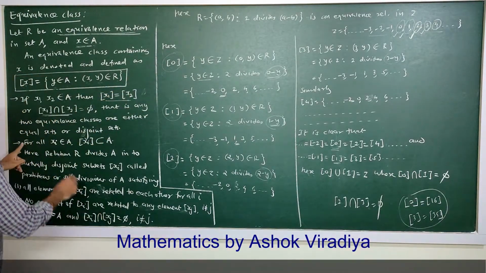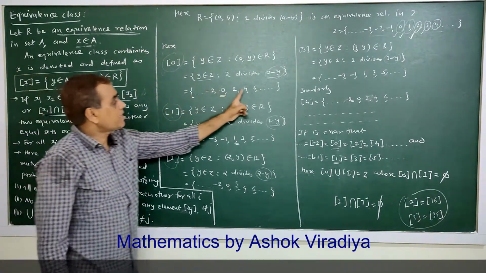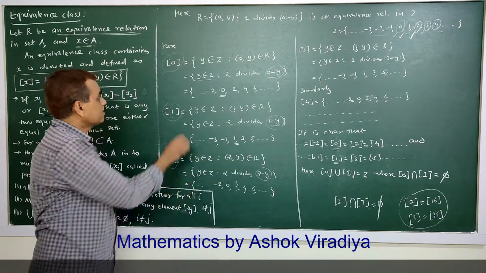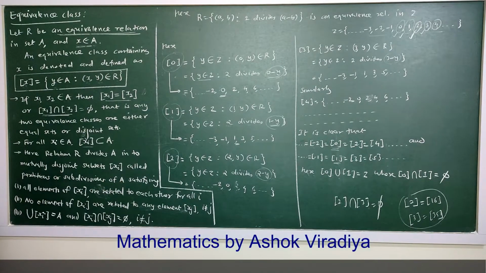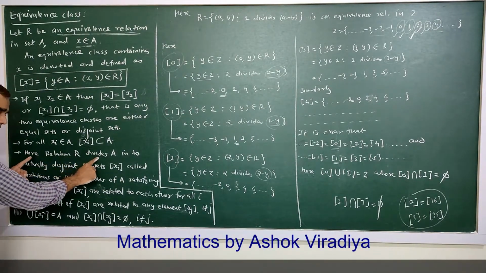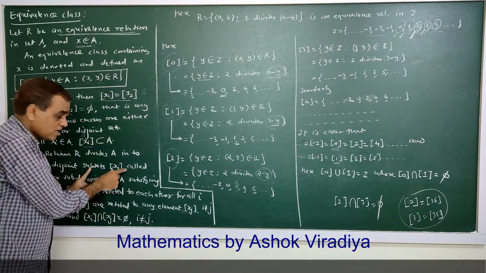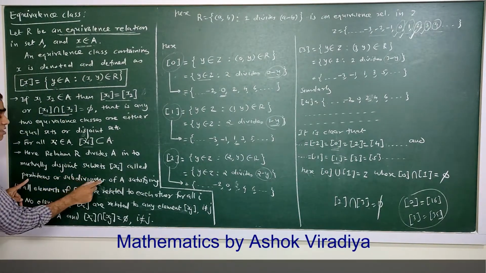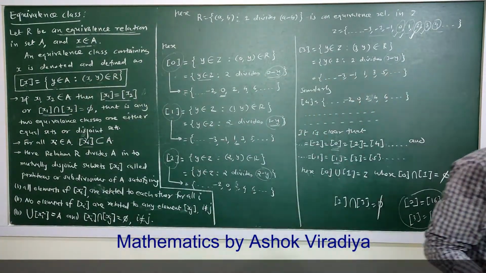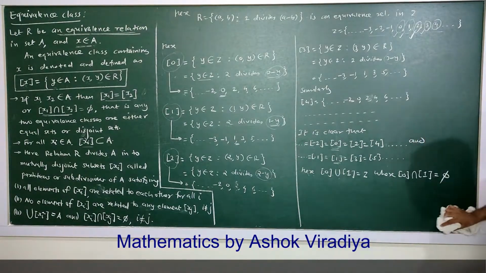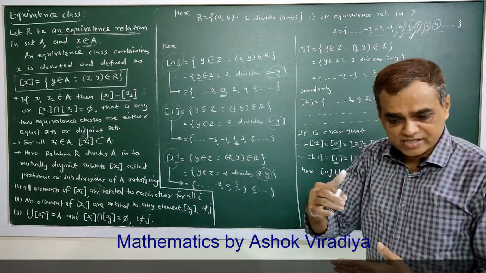And every equivalence class is a subset of A. Here A is our Z. See, these sets are subsets of Z. Here the relation R divides the given set, here Z, into mutually disjoint subsets called partitions or subdivisions of Z. So this relation divides the given set Z into two disjoint sets, the set of even numbers and the set of odd numbers. Then the same sets are repeating.